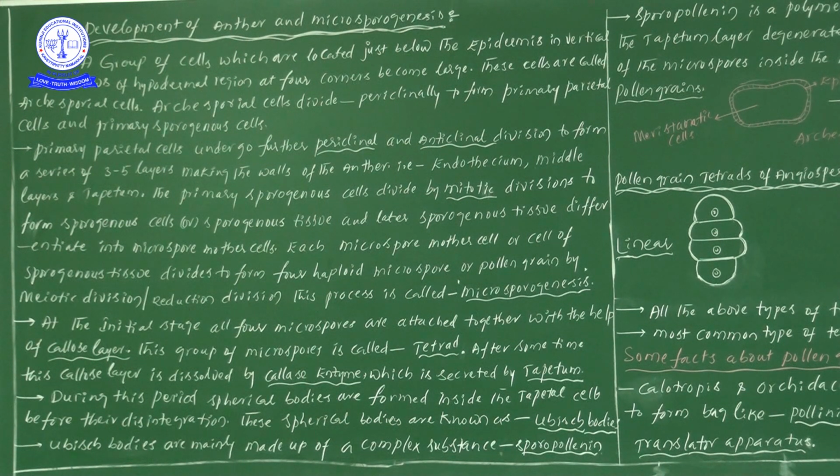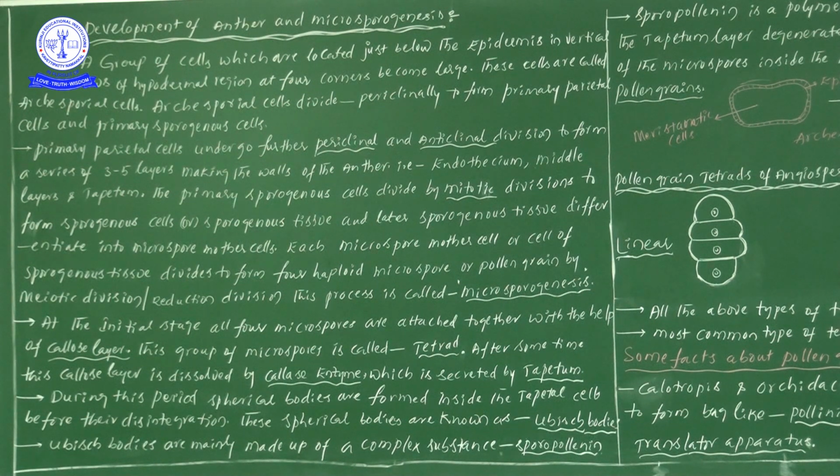If one tetrad is formed, likewise, if 4 pollen grains are commonly surrounded by one particular layer, that layer is called the callose layer. This is important from our knowledge point of view: 4 haploid microspores or 4 haploid pollen grains are formed, and in the initial stages, all these 4 microspores are attached together with the help of the callose layer. All 4 pollen grains.